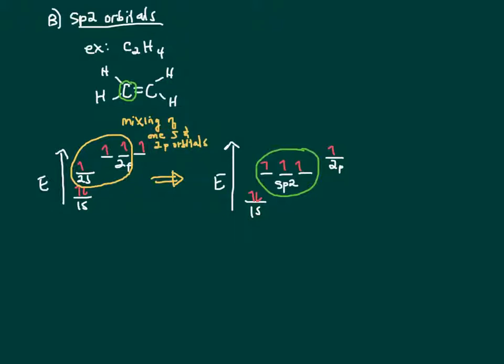So you've got the s orbital that was this orbital and these 2 p orbitals here, and they mixed. They're at equal energy. And then you've got this leftover 2p orbital that's unhybridized. So it's an unhybridized atomic orbital, or a p orbital, that didn't mix.